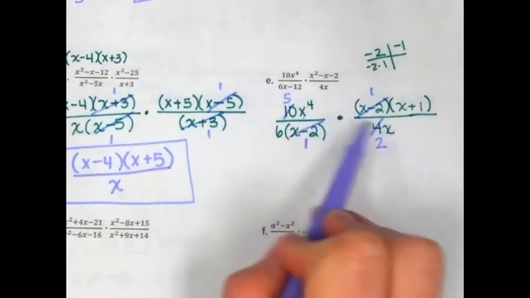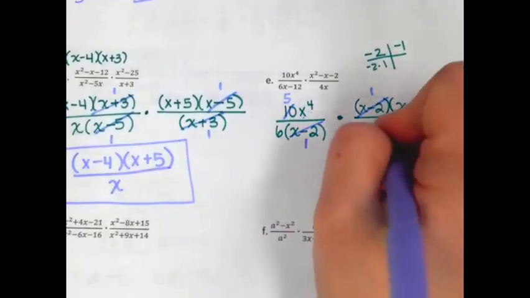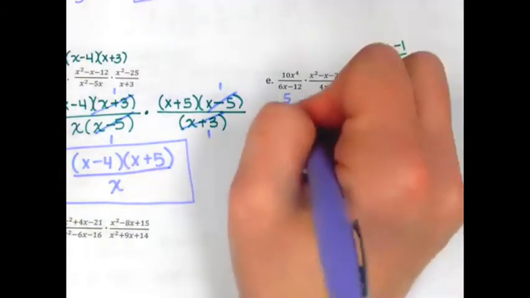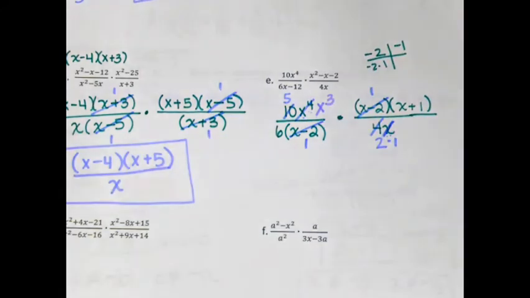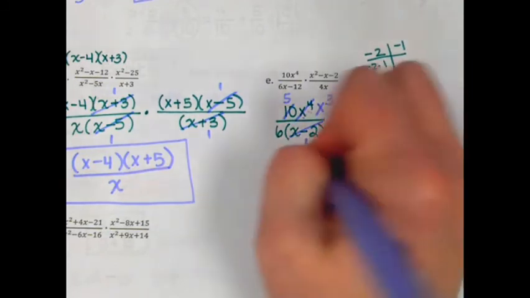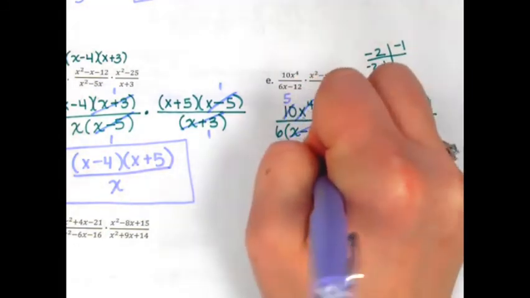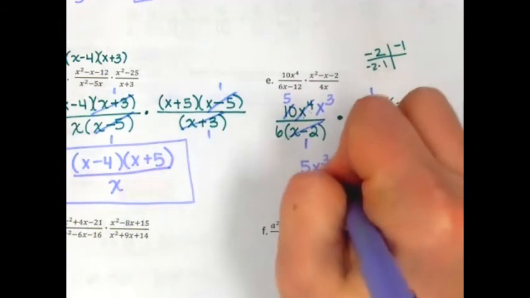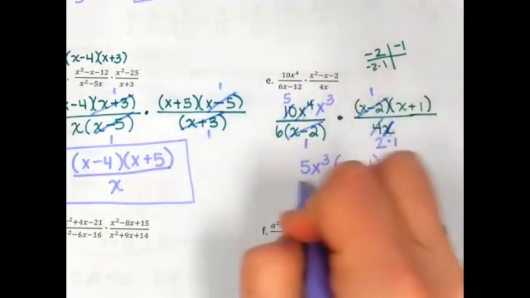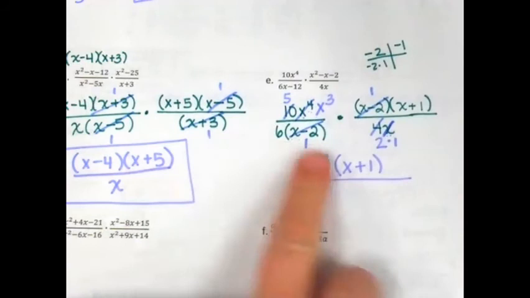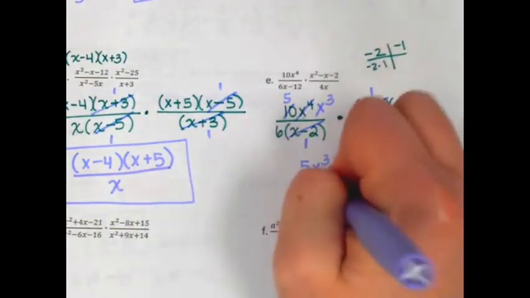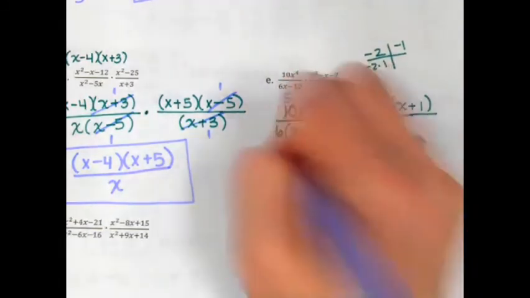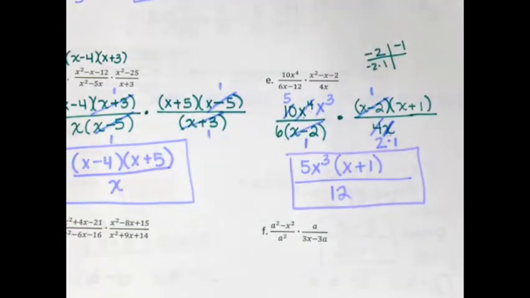So when I subtract them, what do I get? 3, right? And I'm left in the numerator. Okay. And I don't think I see anything else. Do you guys? No, so let's go ahead. What's 5 times x cubed? 5x cubed. And then we have times x plus 1 over 6 times 1 times 2 times 1 is 12. And there you go. And now you're simplified and multiplied.